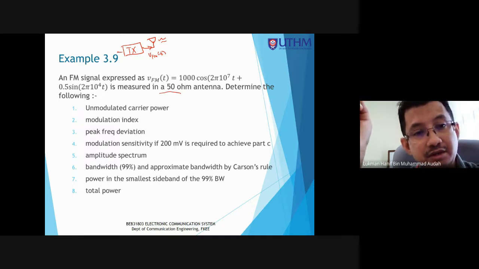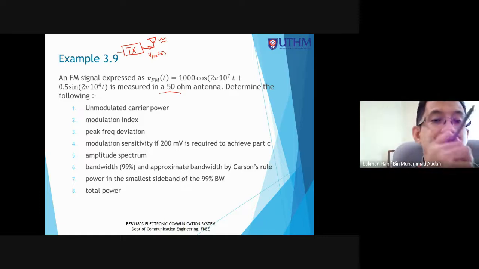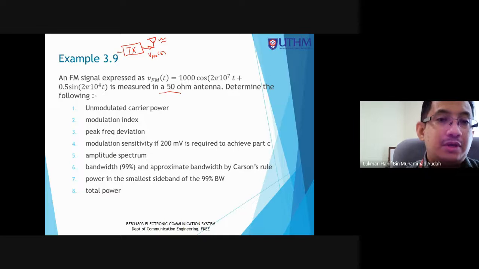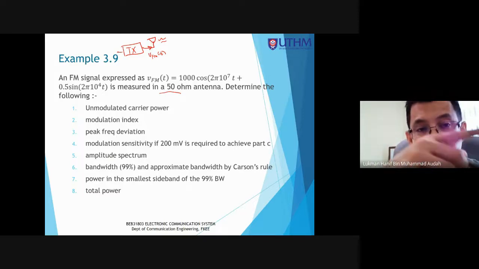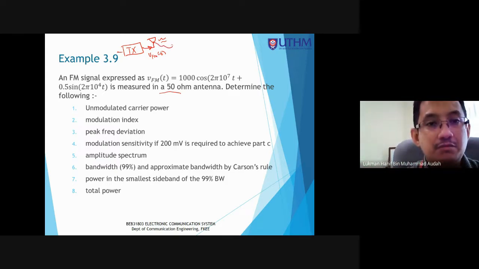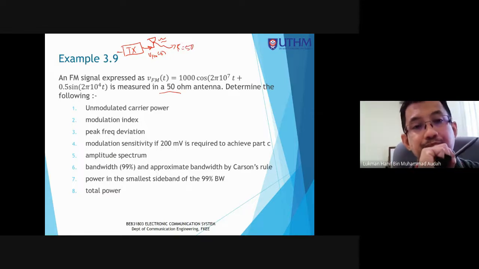We supply the signal to the antenna. The antenna will radiate the wave into the medium in the form of an electromagnetic wave. And this antenna has a resistance of 50 ohm.